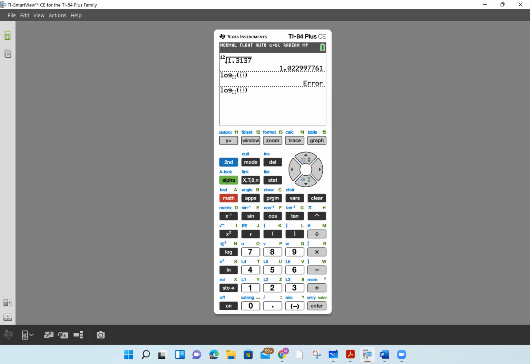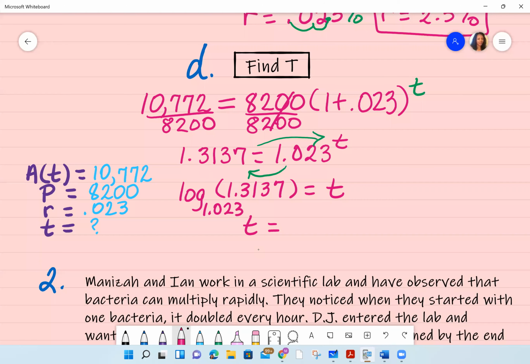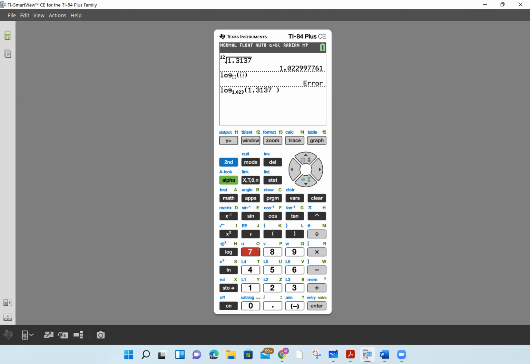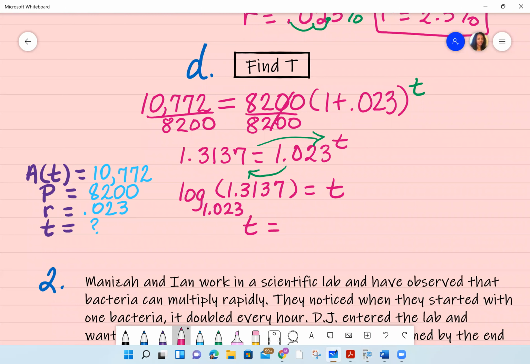And what I'm going to put in here is 1.023, move over and type in 1.3137, which is what we had here. Let me just make sure. Yep. And enter. So that tells me my time. Well, I want to round that up to 12 years. And again, we already knew that as well.